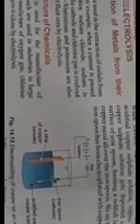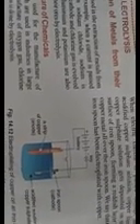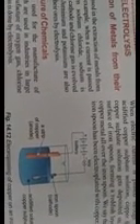After this, we will connect the wire coming from the anode to the positive terminal of the battery, and the wire coming from the cathode, which is connected to the iron spoon, to the negative terminal of the battery.